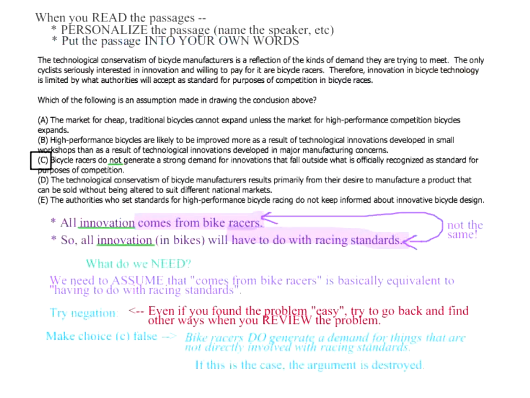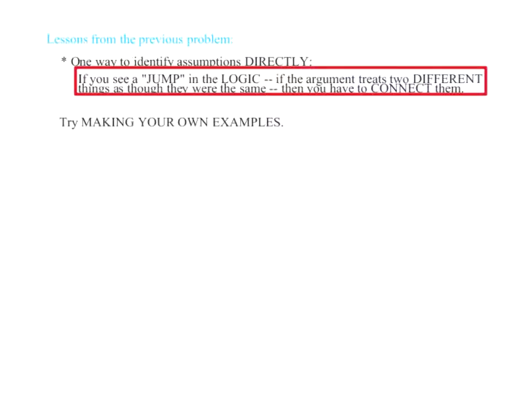In this example, the disconnect was between bicycle racers wanting it, and it having to do with racing standards. Those are not the same. If I had to make my own example, I would say something like: of the people convicted of crime X, 3 times as many had mental disease Y as in the general population.